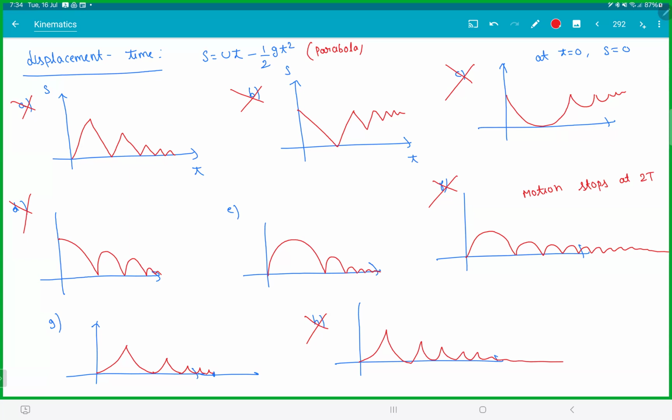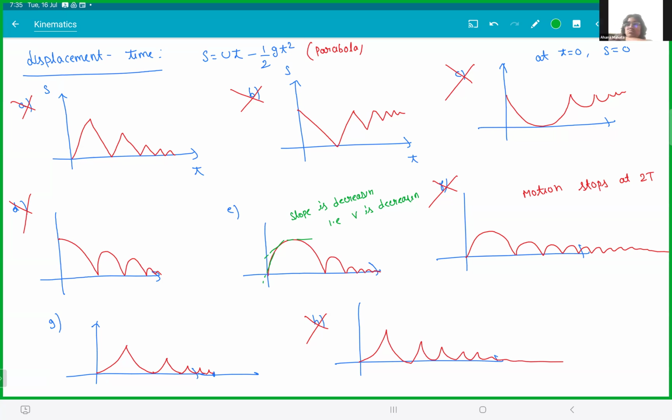That is one. If you look at the slope here, the slope is decreasing, that is, velocity is decreasing, which is true. So can we say the coefficient of t square is negative, so it will be a downward parabola? That is mathematically what you're trying to figure out.